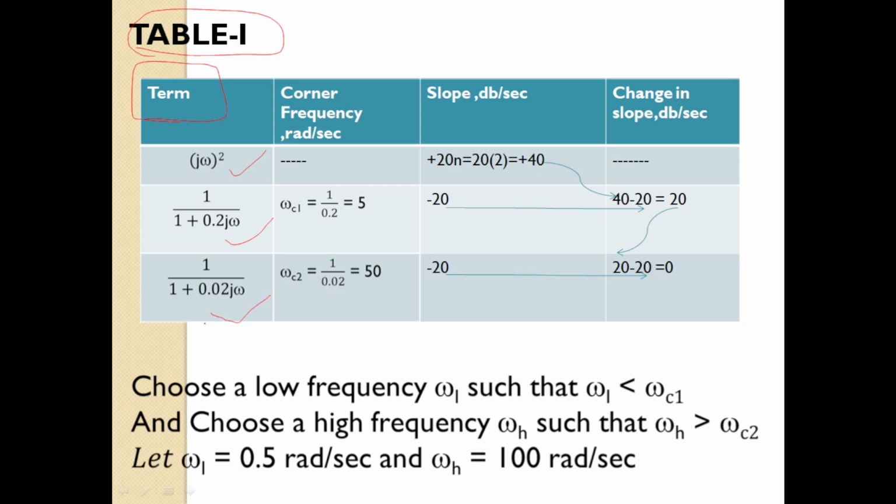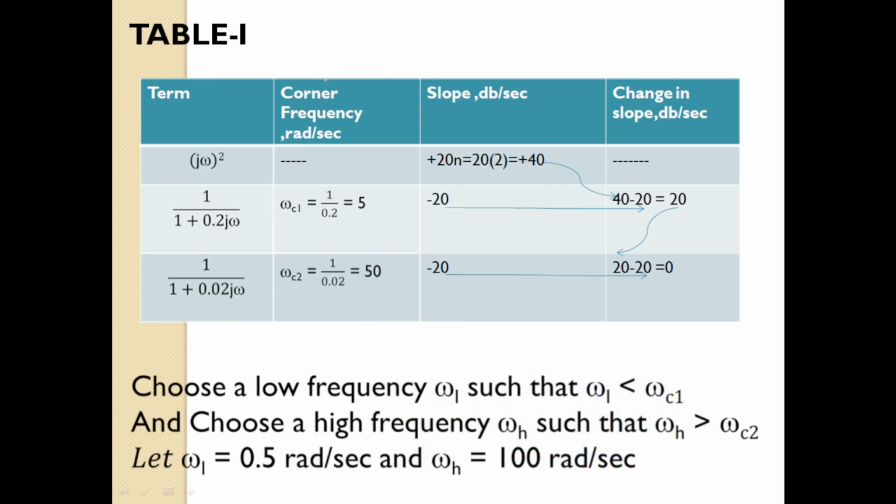In the second column, let us write down the corner frequencies for each term. The corner frequency for the derivative factor will not be there, so there is no need to write anything here. What is the corner frequency for this factor? It is omega c1, that is 5 radians per second. The corner frequency for the next term, the first order denominator factor, omega c2, is 50 radians per second.